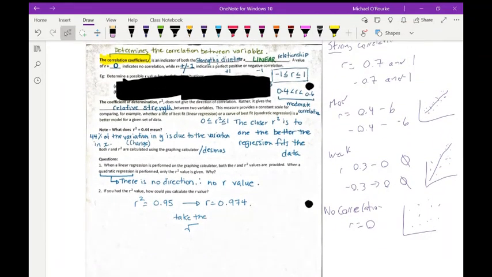Number two that we're looking at here is the coefficient of determination. Okay. So the correlation coefficient does not determine direction, because the correlation coefficient, the one above, the R value, will be positive or negative whether it's going up or down. But it gives a relative strength between the two variables. Okay.